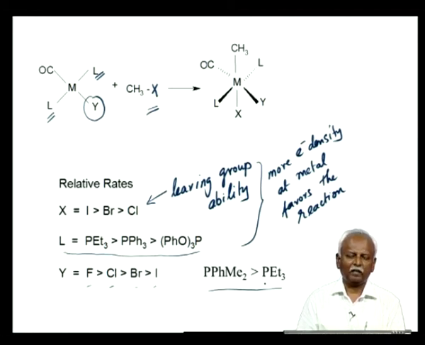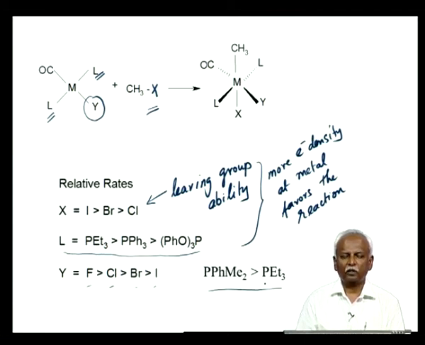If you have a very large group coming and attacking the methyl, obviously that would lead to an unfavorable situation, because the intermediate has to be a 5-coordinate intermediate at the carbon, and that is very difficult considering the fact that carbon is a first row element.